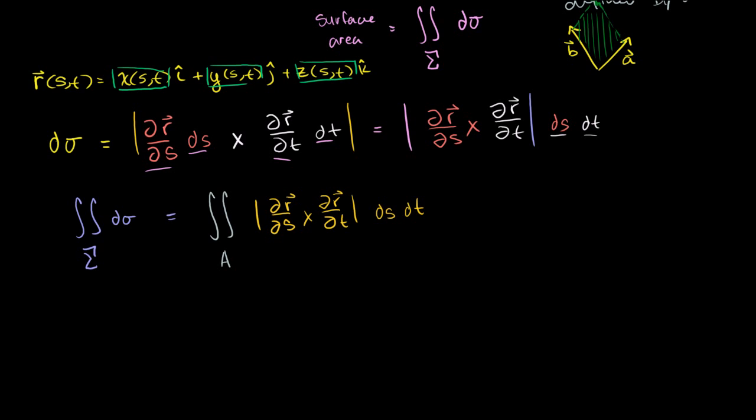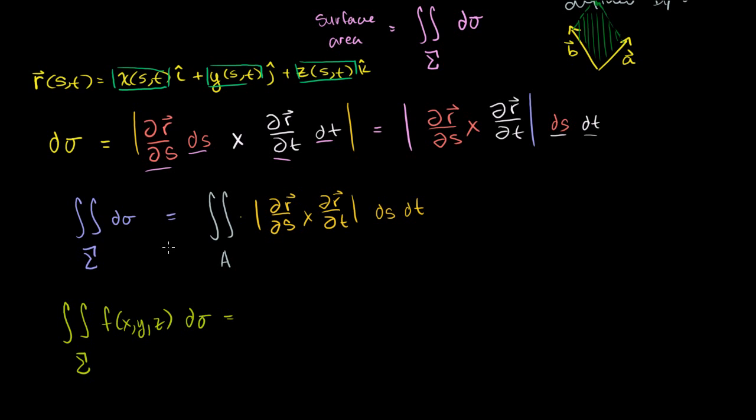So we could write it this way. This is where you can imagine the function is just 1. We're just multiplying each of the parallelograms by 1. But we could imagine we're multiplying each of the little parallelograms by f of x, y, and z, d sigma. And it's going to be the exact same thing. Where this is each of the little parallelograms, we're just going to multiply it by f of x, y, and z there.